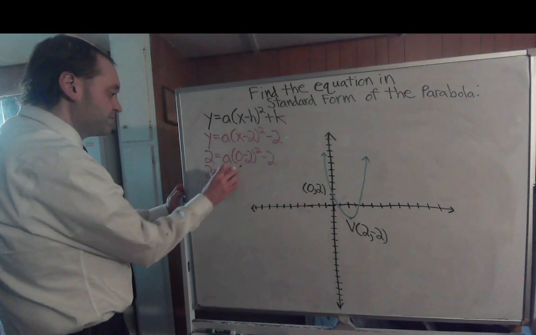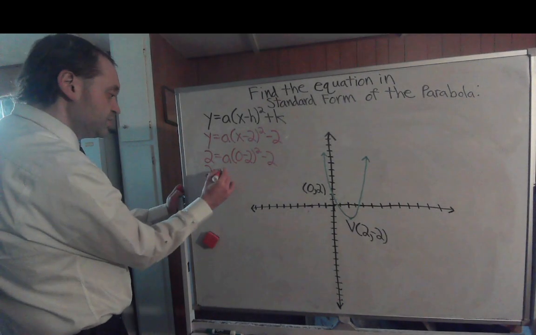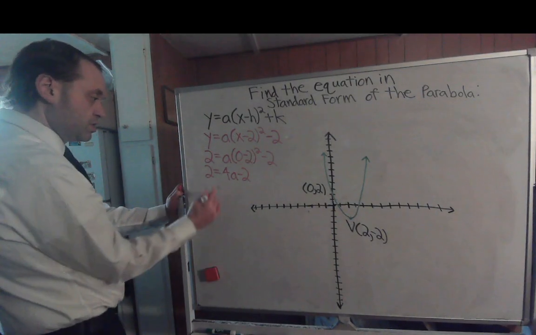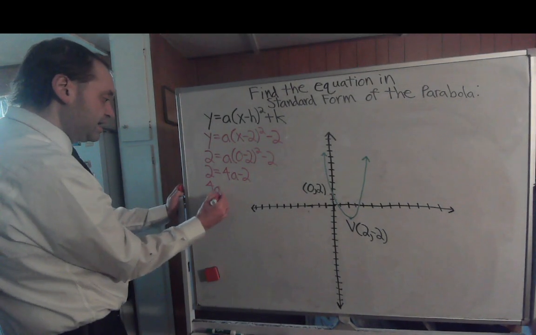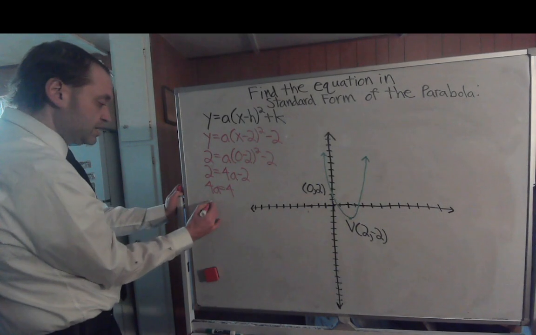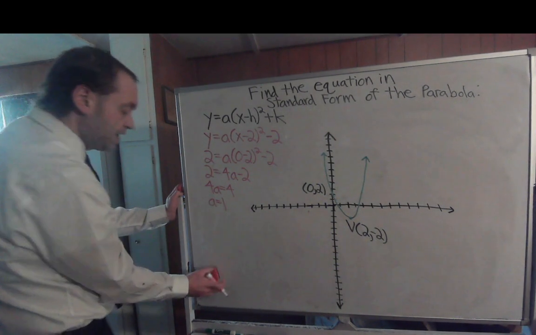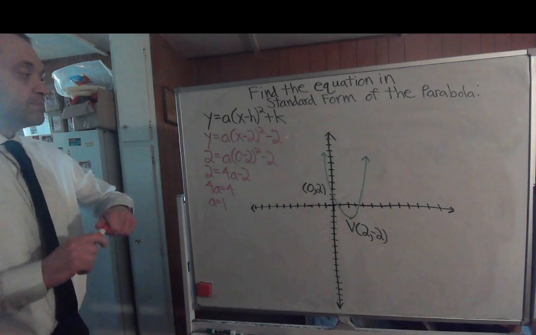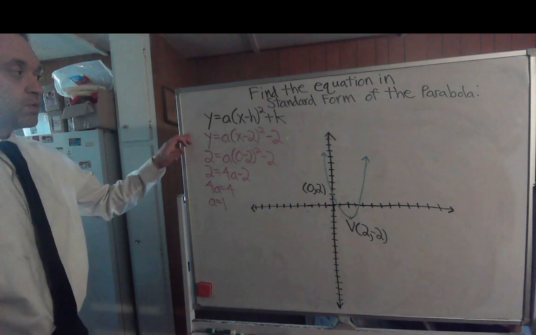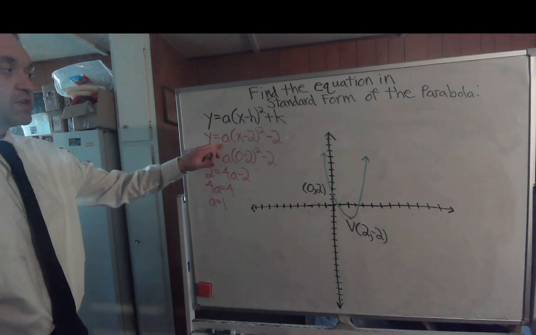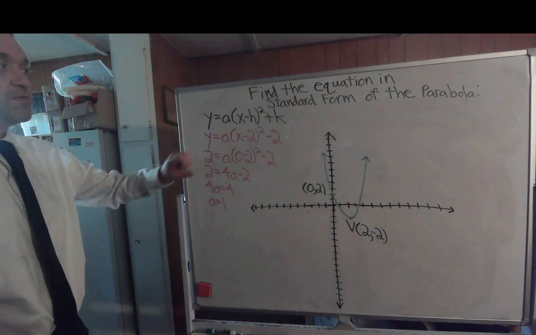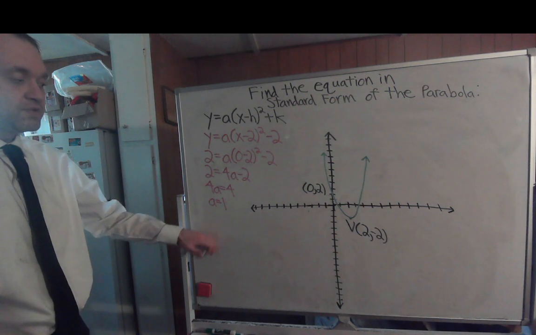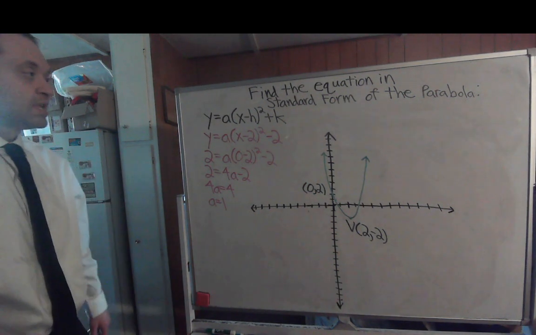That'd be positive 4, so 2 equals 4a minus 2, which means 4a equals 4, so a equals 1. All right, so we have solved for the scale factor, which is 1.